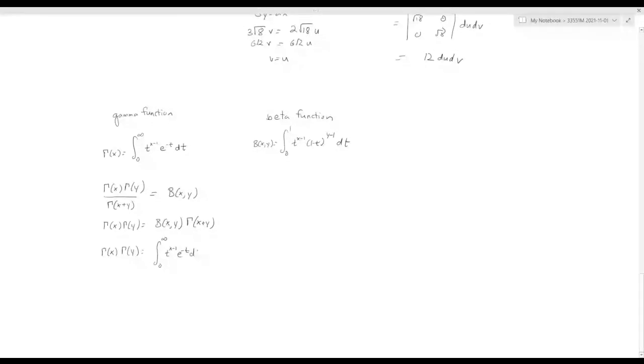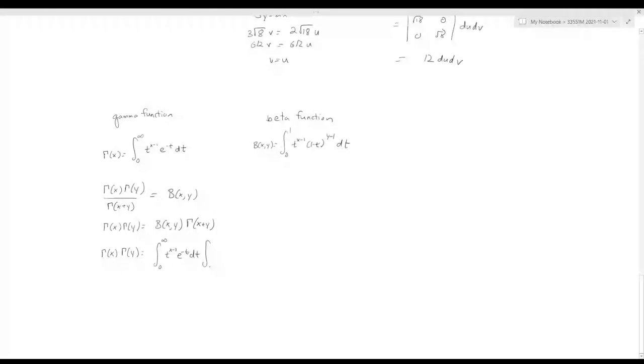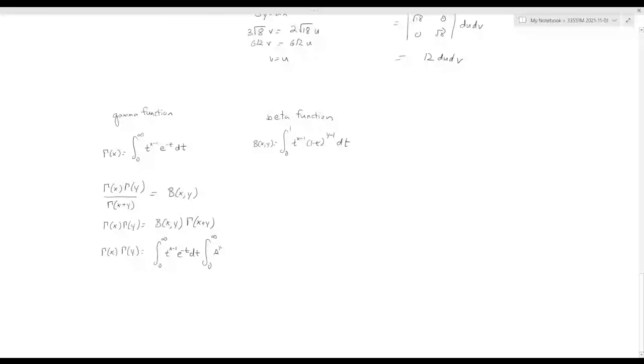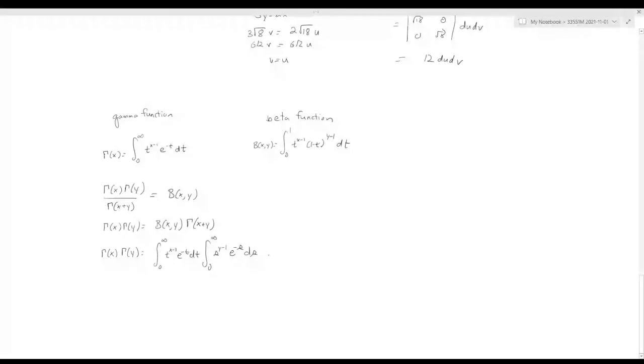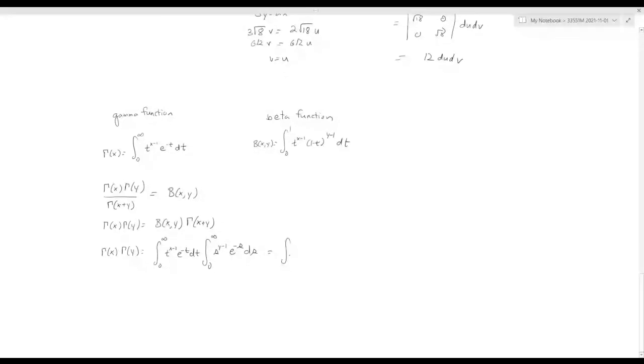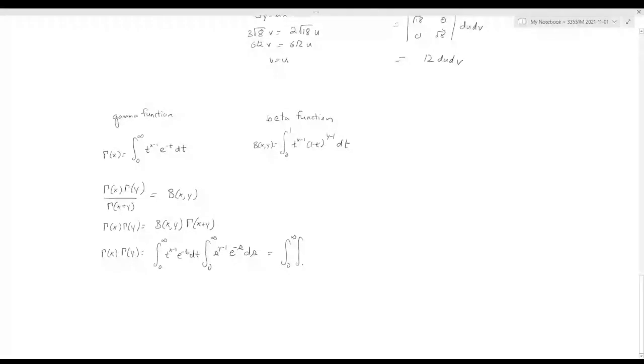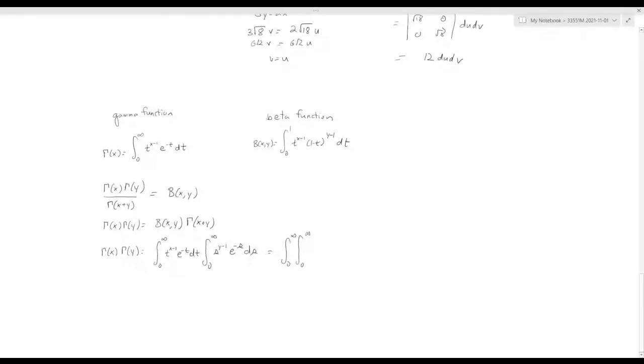And then so is gamma of y. Let's use a different letter, s here. But you can write this as a double integral over the first quadrant of the xy plane. I guess, yeah. No, ST plane, right?